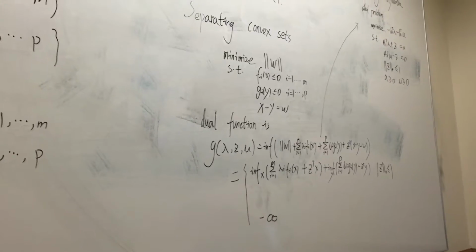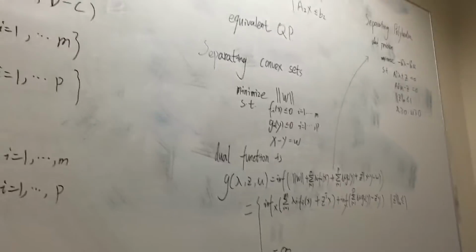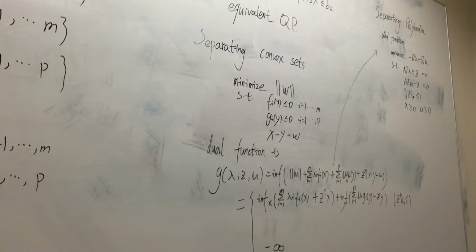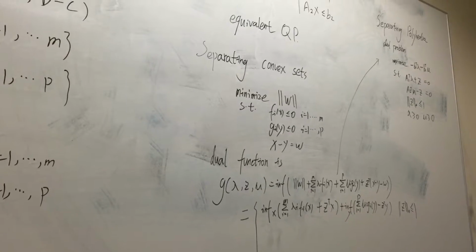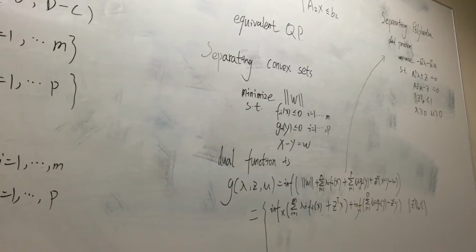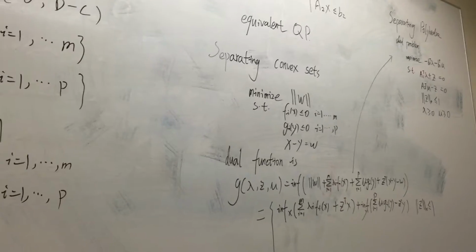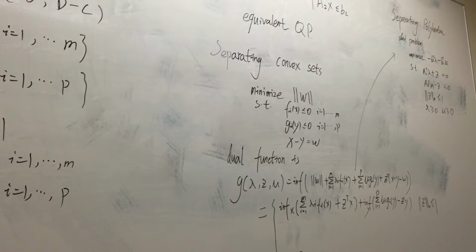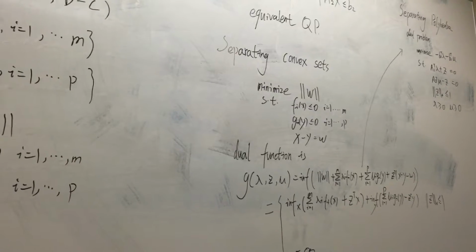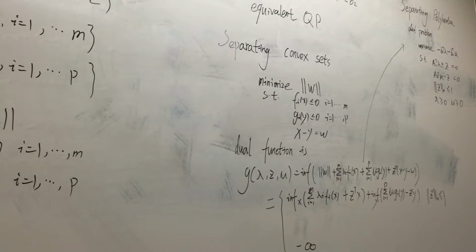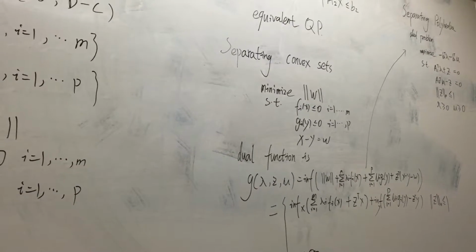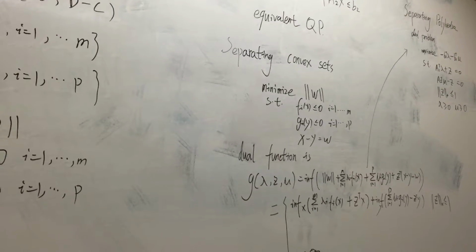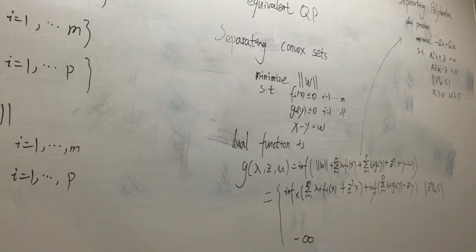We can set the main problem as minimize the norm of omega subject to f_i of x is smaller than or equal to 0, and g_i of y is smaller than or equal to 0, for i from 1 to m, and x minus y is equal to omega.